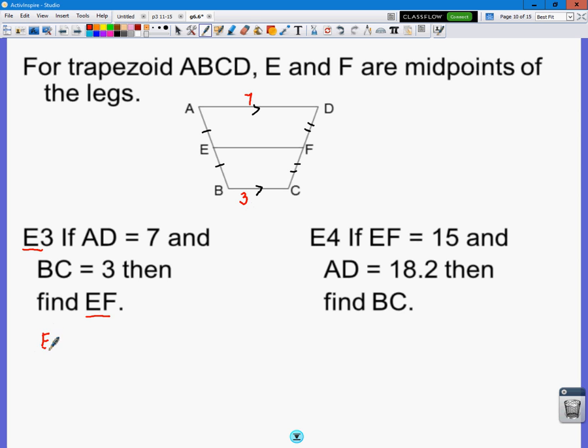EF is the mid-segment. A mid-segment is equal to half the sum of the two bases, which would be 7 plus 3. So in this case, working with the half is actually pretty easy. EF is equal to 5.